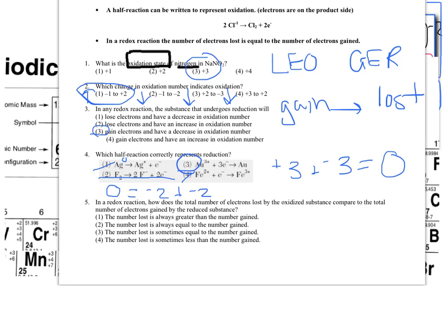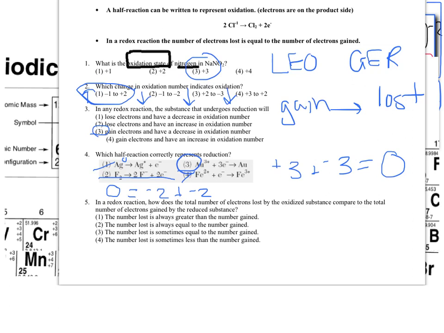In the last and final question, it asks us how the total number of electrons lost in an oxidized substance compares to the total number of electrons gained in a reduced substance. And we can recall the law of conservation of mass and energy. So in the world, mass and energy cannot be created or destroyed.